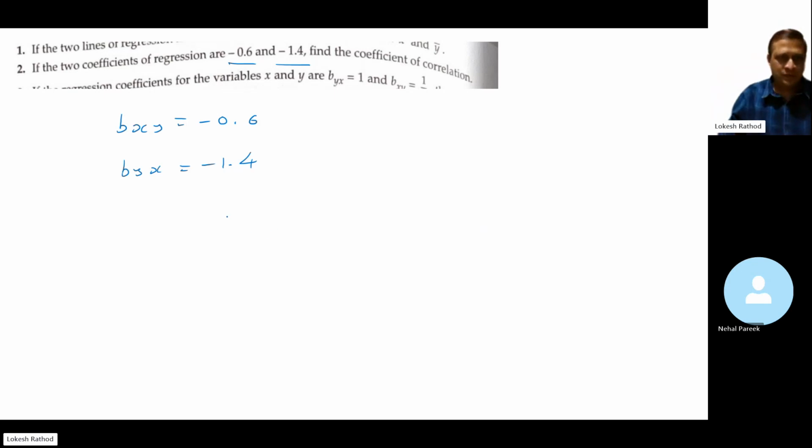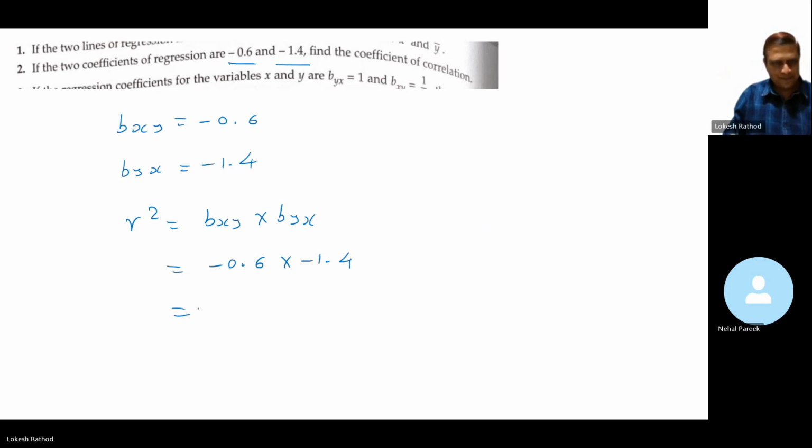So which formula do we use? r square is equal to bxy into byx. That is equal to negative 0.6 multiplied by negative 1.4.